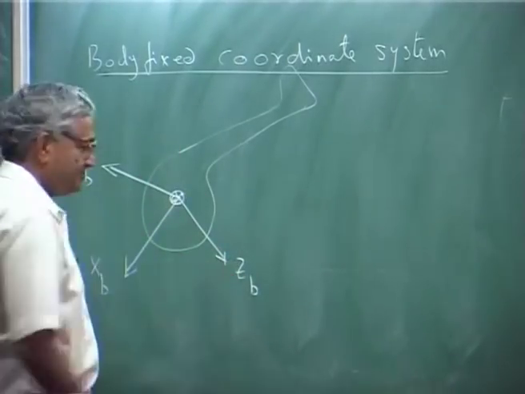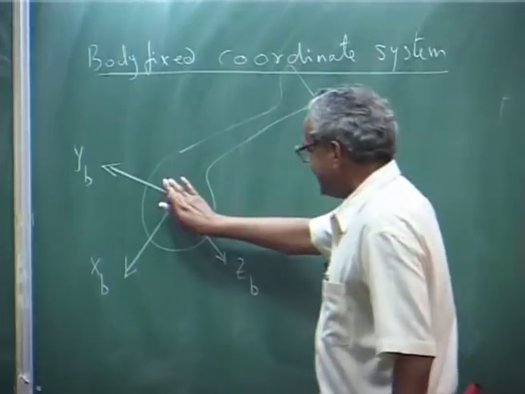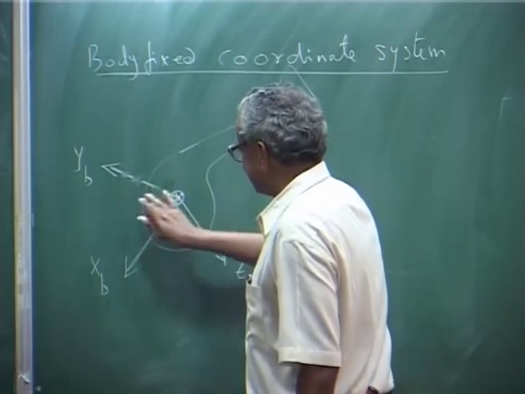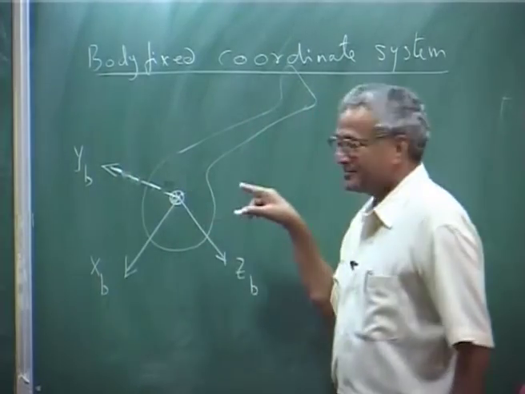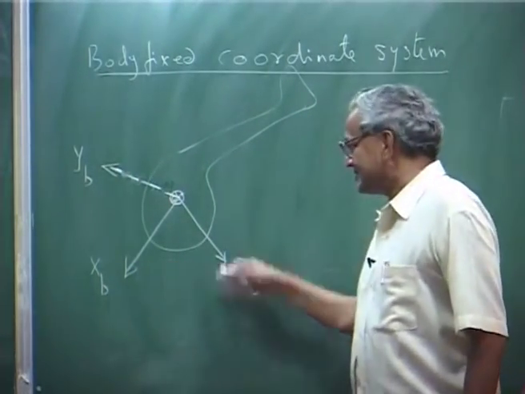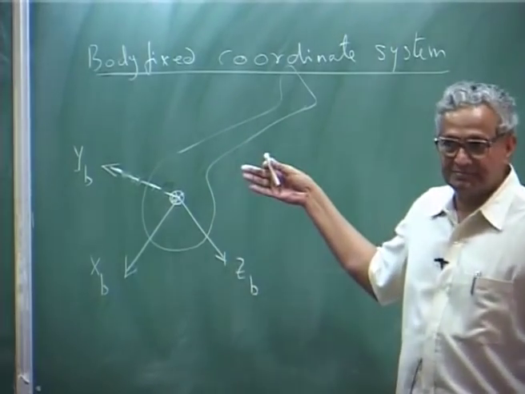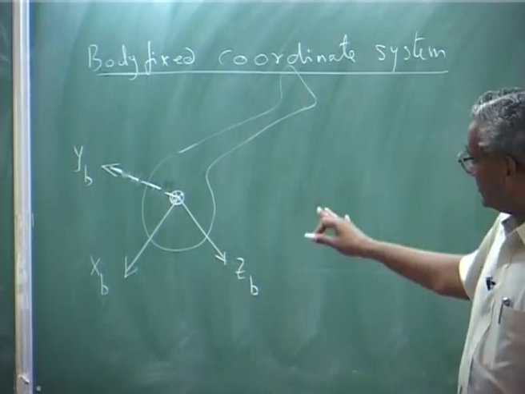Z is going down. This one is going into the board. So you can say XB and ZB are in the plane of the board. This is a standard thing. Now, how do I get this?